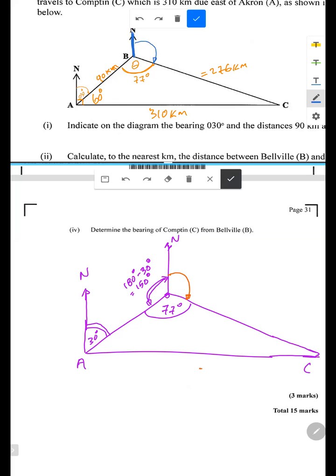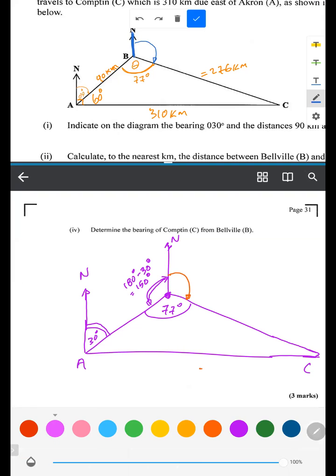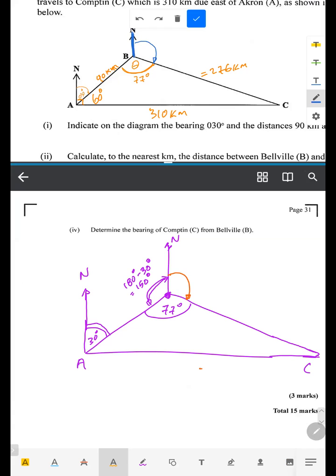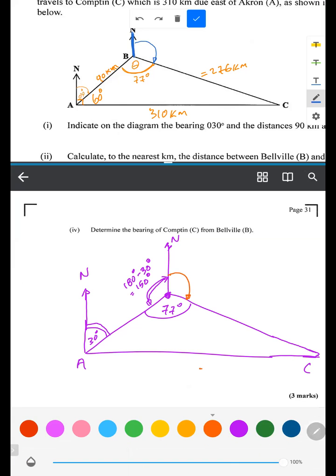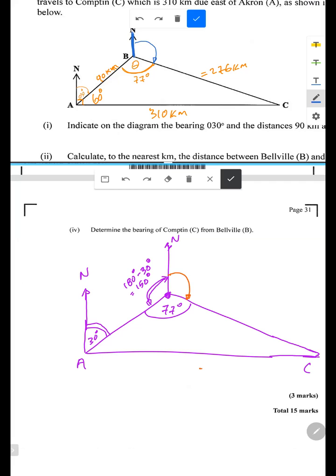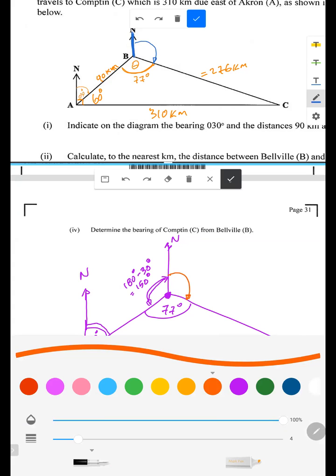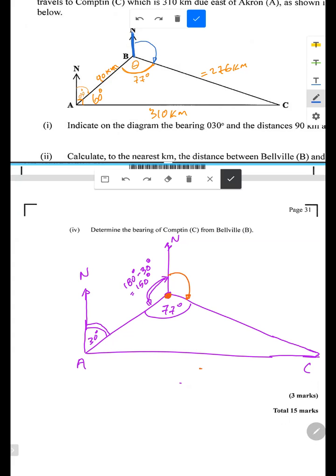And then total angle around any point is 360 degrees. So if we go back to this angle, the total angle around the point in the middle here is 360.